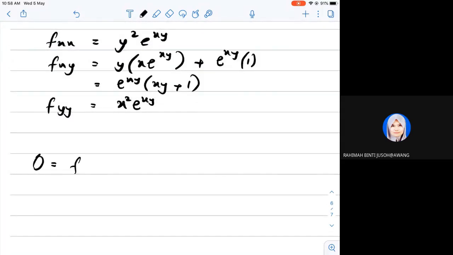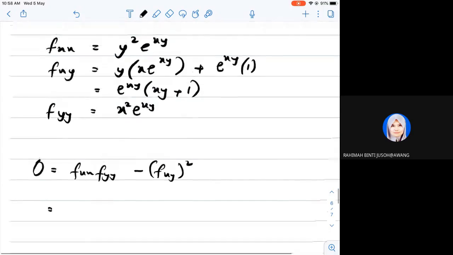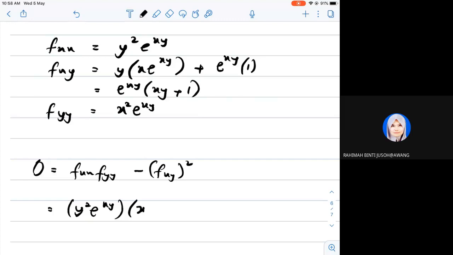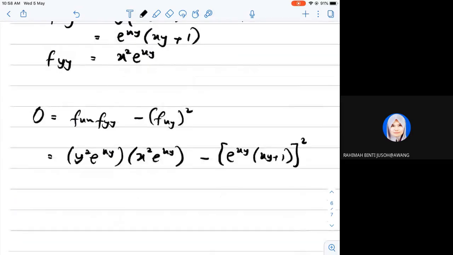D equals to fxx darab fyy minus fxy kuasa 2. Macam tu. So we will have y squared exponent xy darabkan dengan x squared exponent of xy minus exponent of xy plus 1 squared. Like that.